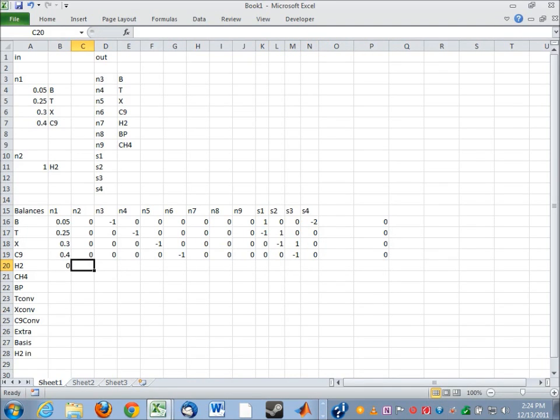The only thing I would do is when entering in the conversion amounts for toluene, xylene, C9, or anything else that you're converting, is to enter them as the actual formulas. So you can say it's equal to 0.75 times 0.25 minus 0.25 instead of actually calculating that out and then putting it in.